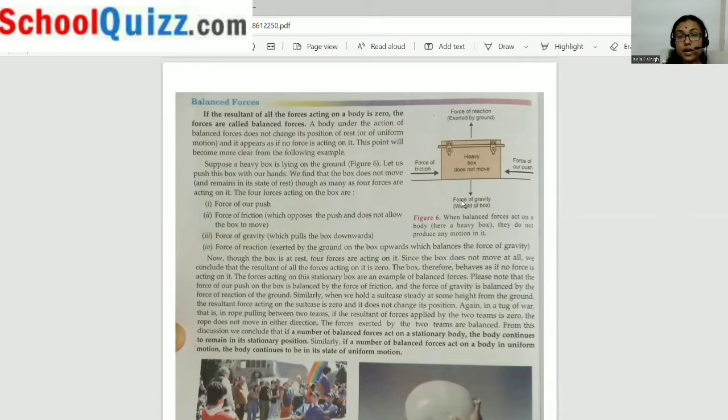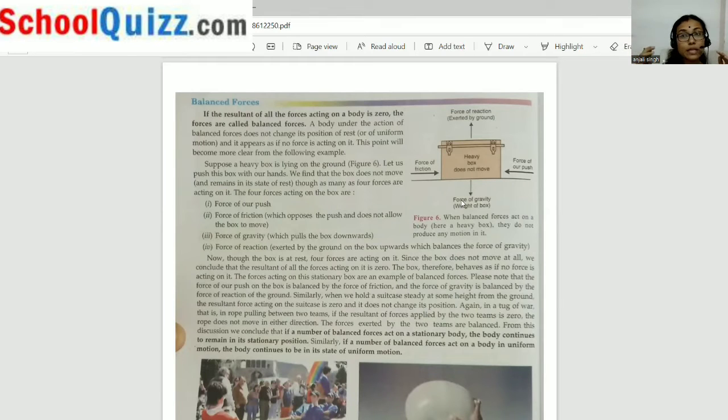Now, again, here the force is acting in all the directions. Now, east and west direction, the force of friction. Okay, here the force of friction is acting from one side, and the force of our push in another side.